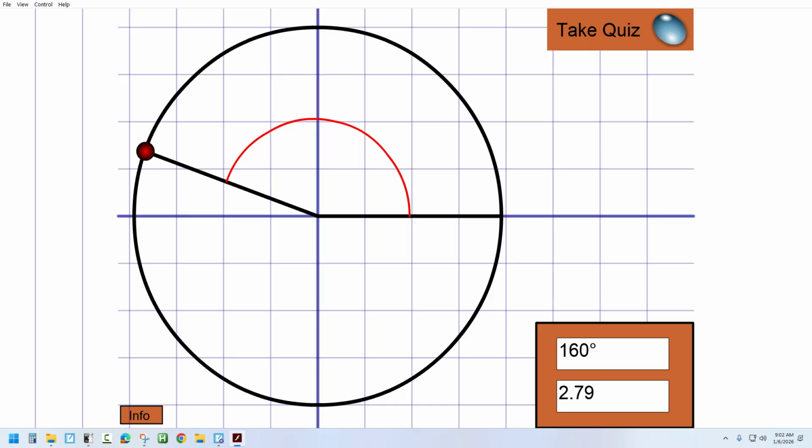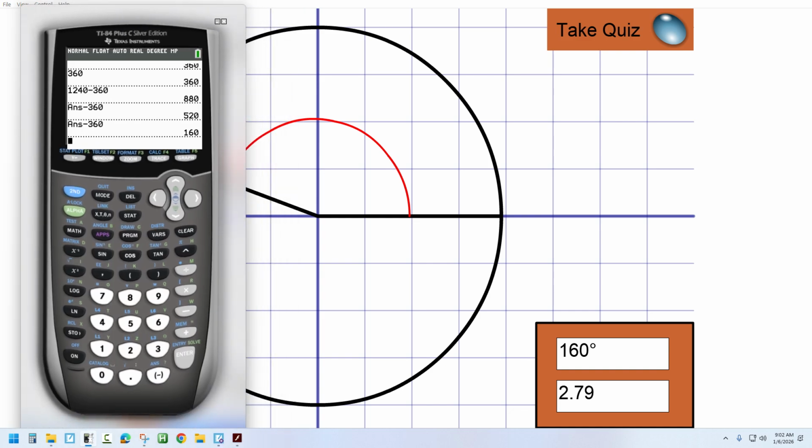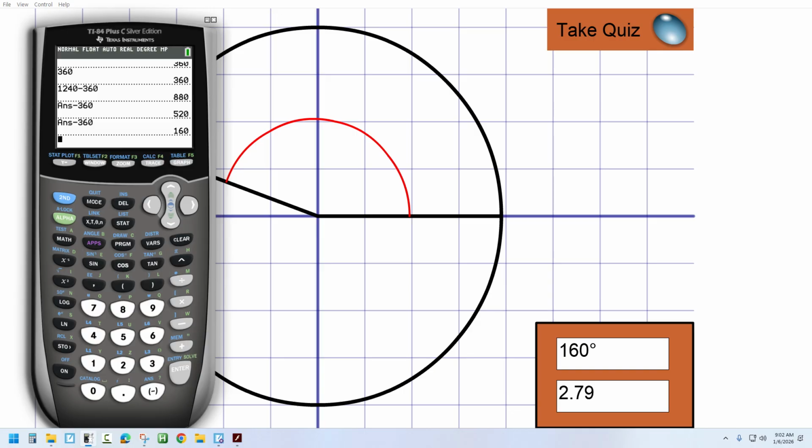So that idea that we can add and subtract 360 to an angle and it won't affect the answer when we press these buttons, sine, cosine, and tangent, that's important. What that allows us to do is avoid working with angles that are too big. And if you had an angle like negative 900, that's too small. It's going to be hard to work with.